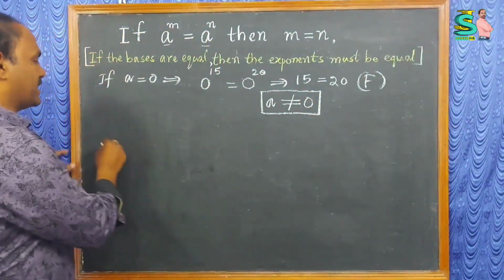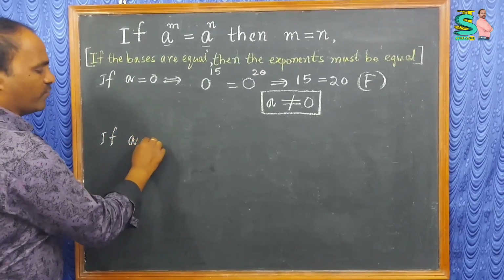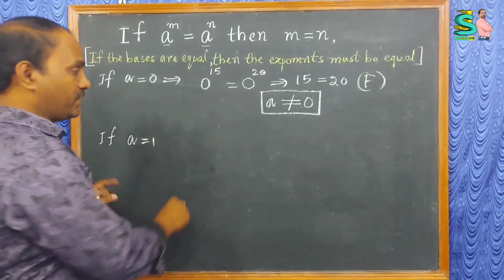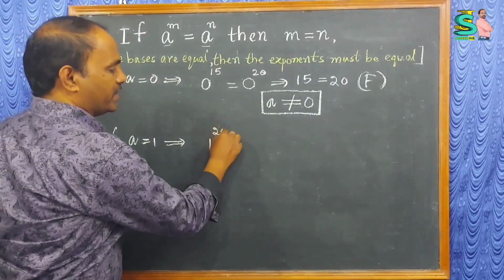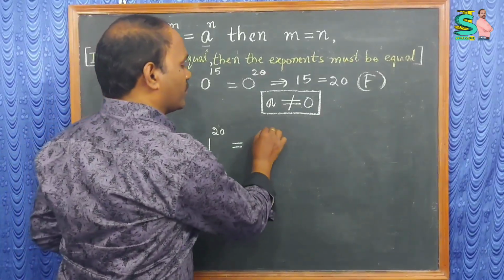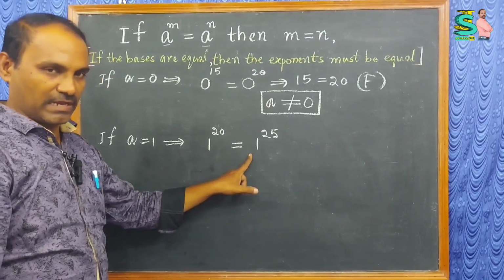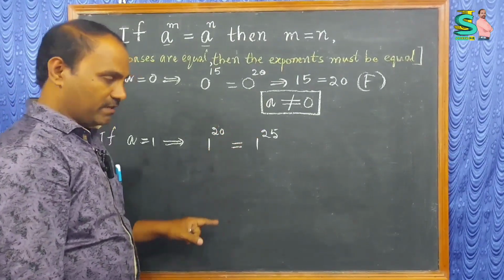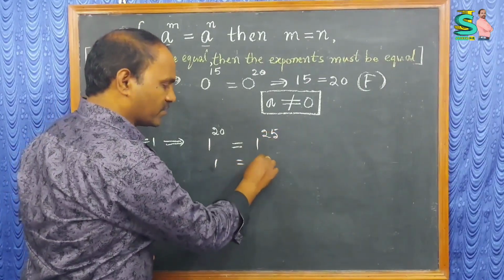Okay. Now, second one, if a equals 1, then what happens? This one is also the same. 1 power 20 is equal to 1 power, for example, 25. Here also bases are equal. Are the exponents equal? 1 power 20 means 1. 1 power 25 is also 1.